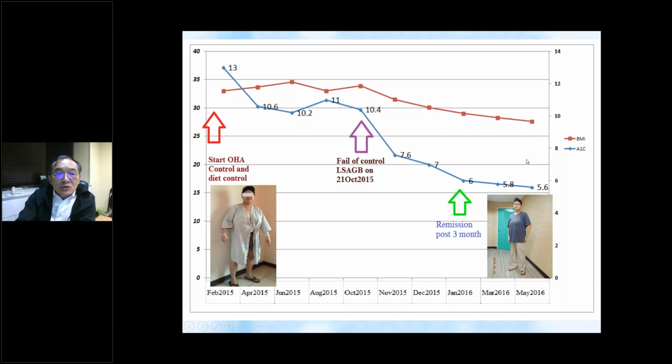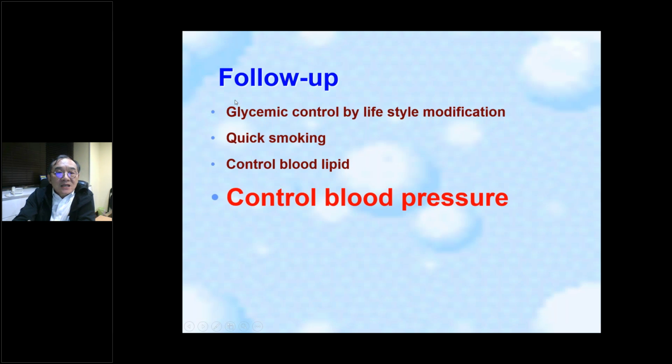So what we should do now, I think, is we still need to follow up the patient, especially maintain glycemia control by lifestyle modification to prevent the recurrence of diabetes. And second, if the patient smokes, we need to strongly advise quitting smoking, because this is one of the indicators used in the UKPDS risk engine.